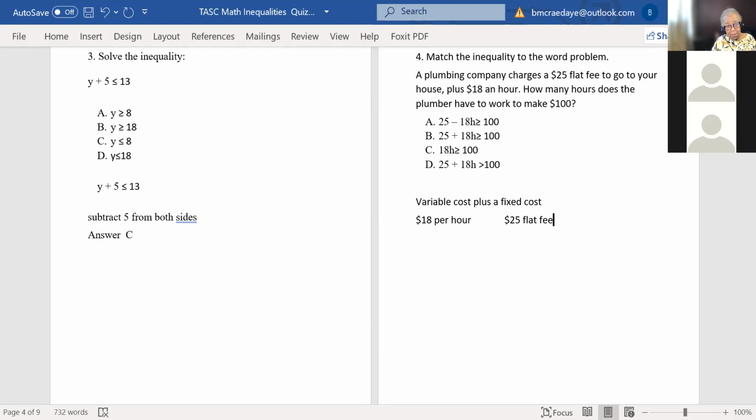The plumber needs to make $100. That means it'll be 25 plus 18 times the hours. C is completely out. A is out too, because it said plus, not subtraction. So the answer is B.